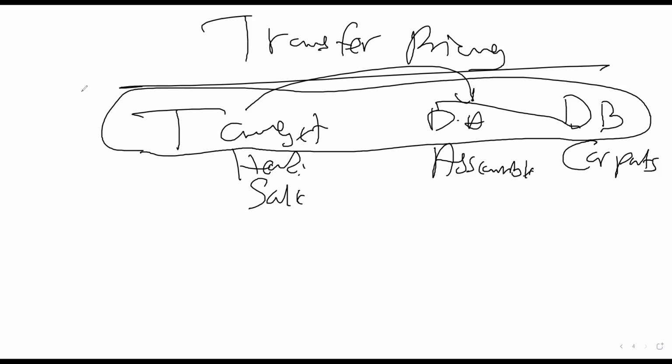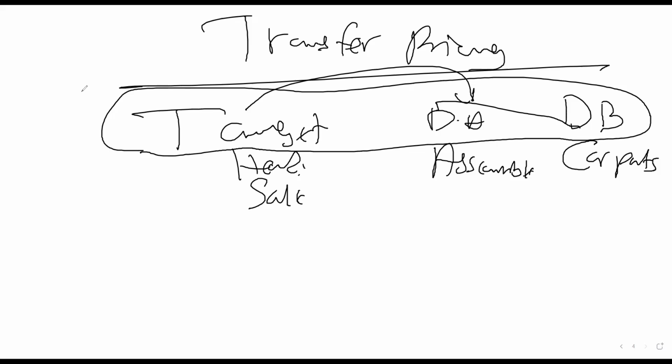Because if you don't know the person, you will sell at normal price. But if you really know the person, you will not sell at normal price. You do only transfer.